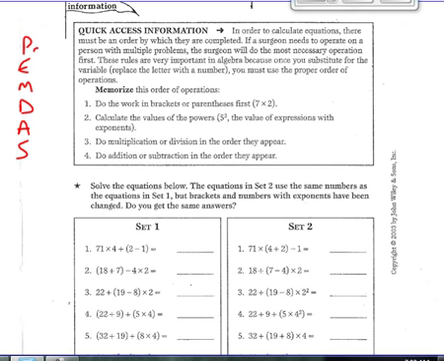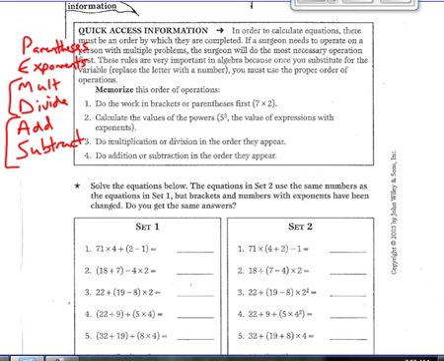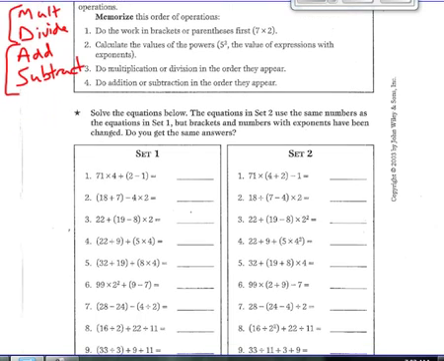And PEMDAS was parentheses, exponents, multiplying and dividing, and adding and subtracting. And multiplying and dividing was from left to right, and adding and subtracting were from left to right. So in terms of remembering this, I think that is the most common way.